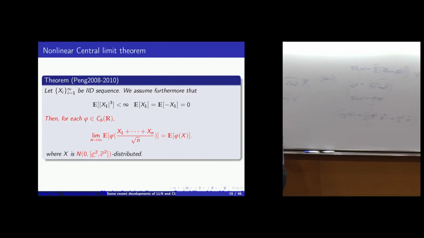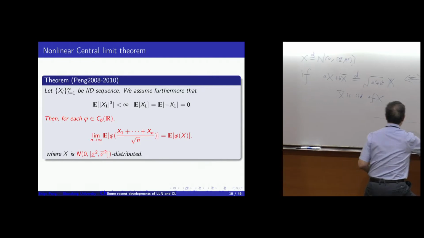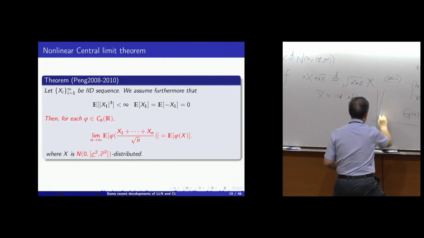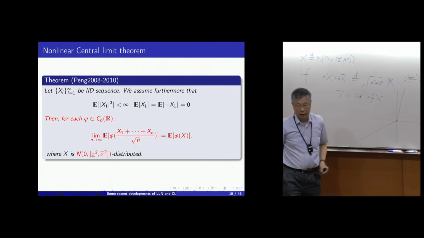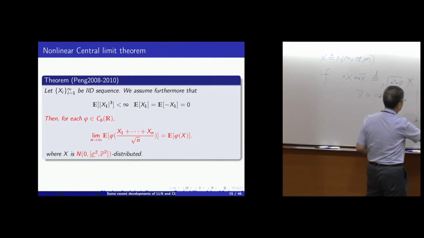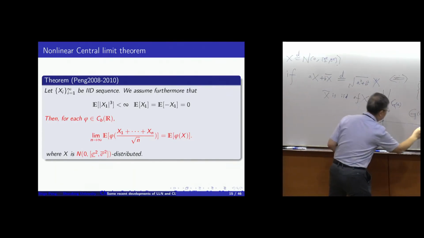I have such kind of nonlinearity, which is G, my G. This is a.